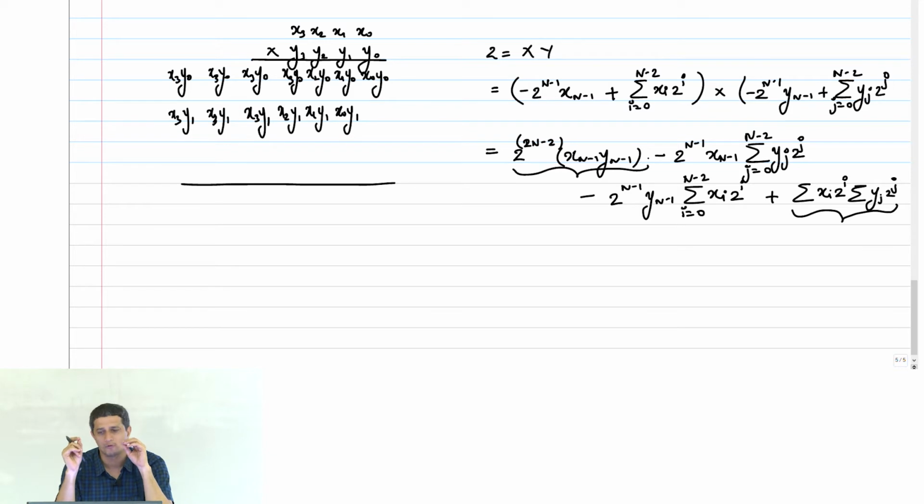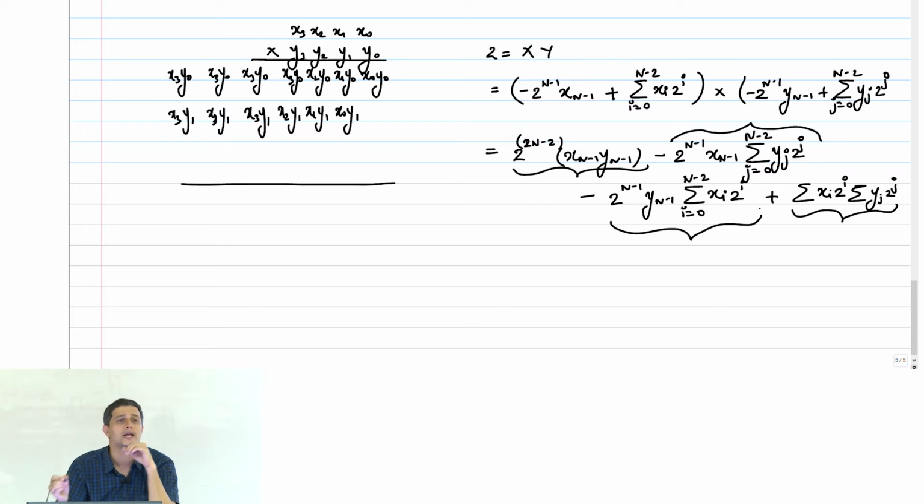The only places I have to worry about are this negative term and this negative term. Wherever you get the MSB of either x or y and the other term is not the MSB, then it is a negative number, and I have to handle that slightly differently.